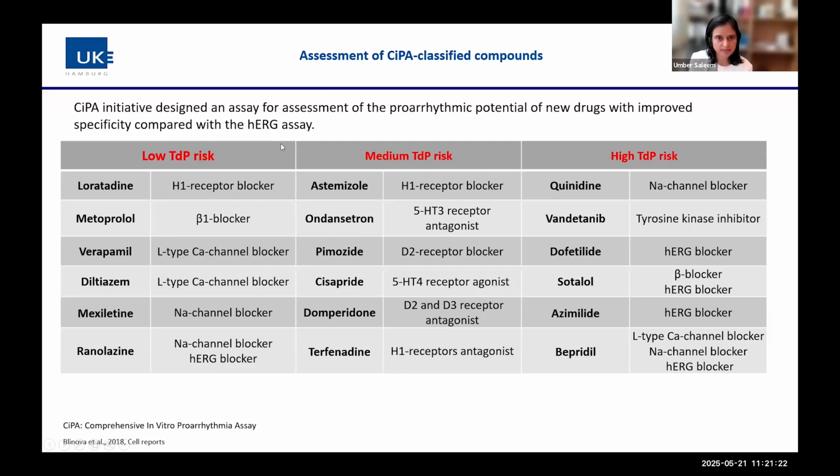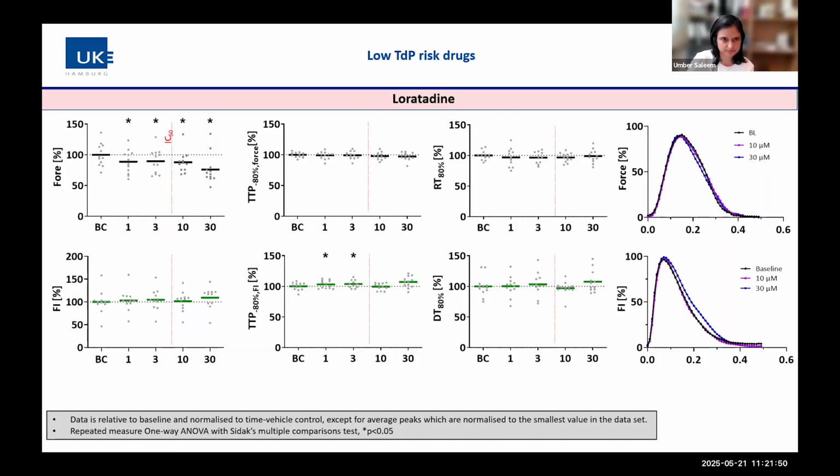And this list includes many compounds such as some H1 receptor blockers, beta blockers, calcium channel blockers, sodium channel blockers, and the drugs which are known hERG blockers at the clinical doses. And these compounds are categorized into three categories: low TdP risk, medium, and high TdP risk categories.